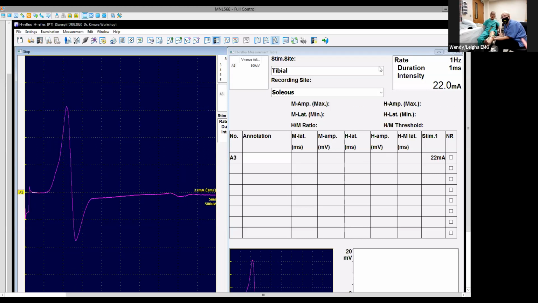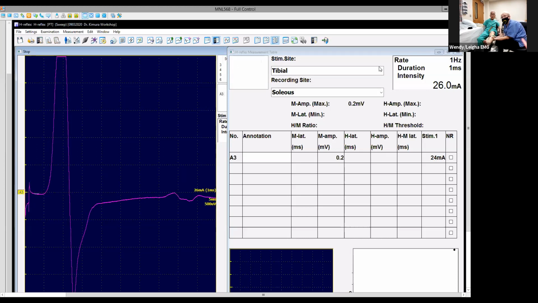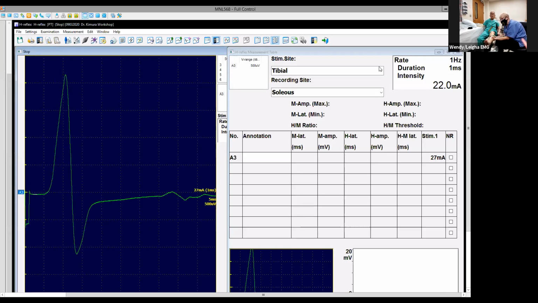Sorry, I don't think we have good luck here because the M response is so big. Remember, we can measure the H reflex here, but if the M response is big, antidromic impulse going back to the spinal cord collides with the H reflex, and that's why the H reflex is small.